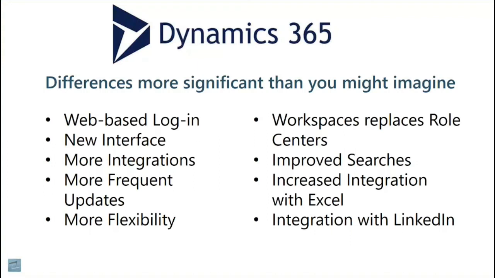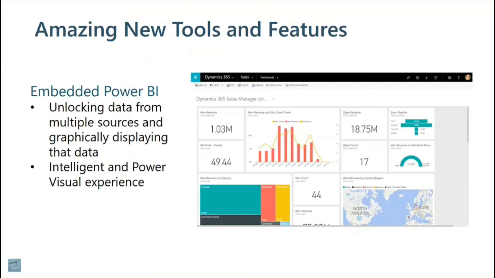Some of the amazing new tools that I'd like to call out are, first, embedded Power BI. It's now possible to create and embed highly intuitive business reports and visualizations into the D365 interface.